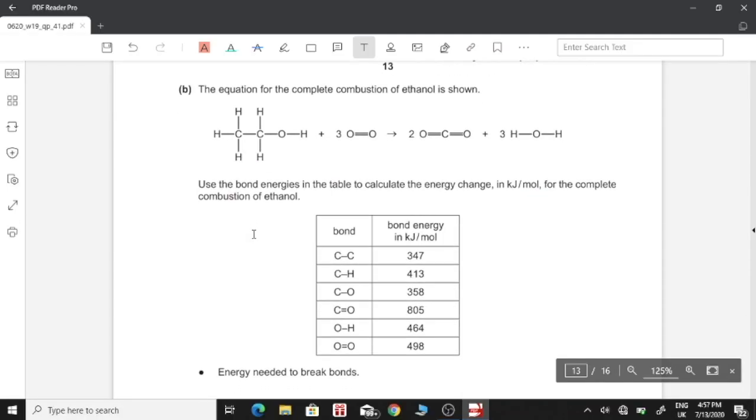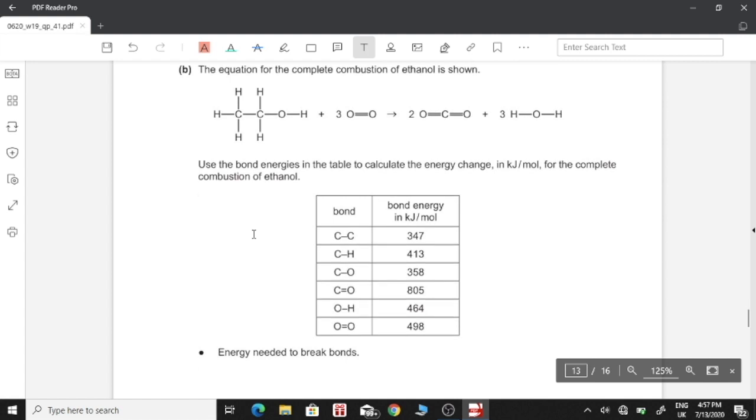B. The equation for the complete combustion of ethanol is shown. Use the bond energies in the table to calculate the energy in kilojoule per mole for the complete combustion of ethanol. Okay, so energy needed to break bonds is the energy used on the reactant side. So we'll be using the energy for all of these bonds.